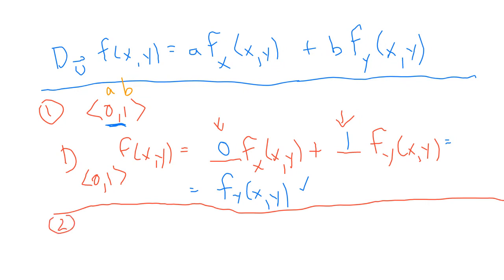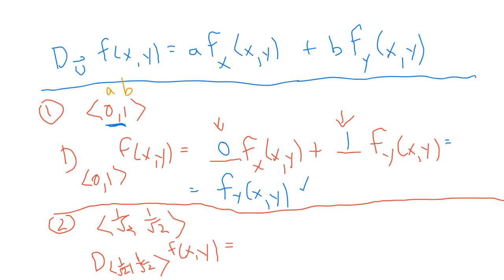Okay, well, let's try another vector. Let's try the vector 1 over root 2 and 1 over root 2. Okay, the directional derivative of our function in the direction of 1 over root 2, 1 over root 2 is going to be, so it's a linear combination of these first partial derivatives.